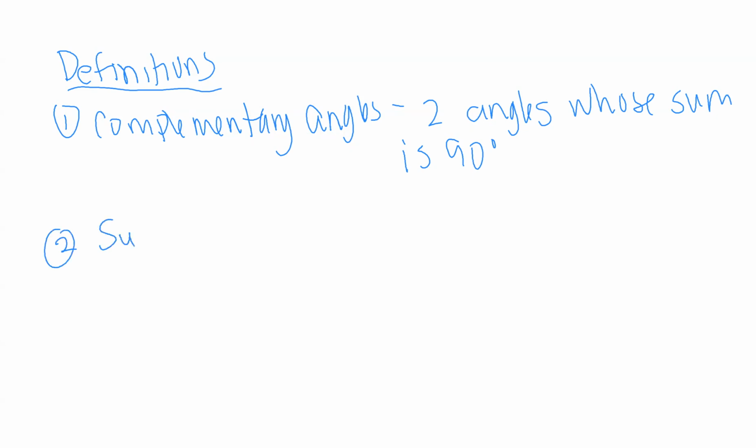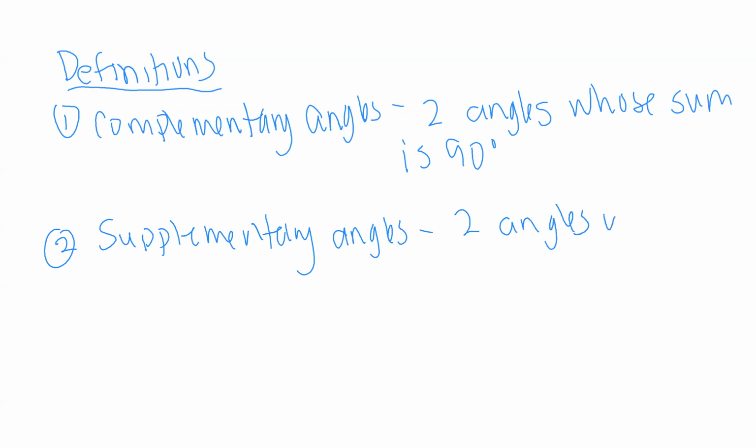We also have supplementary angles. And these are two angles whose sum is 180 degrees. If you have any two angles that add up to be 180 degrees, those two angles are supplementary angles or supplements of one another.